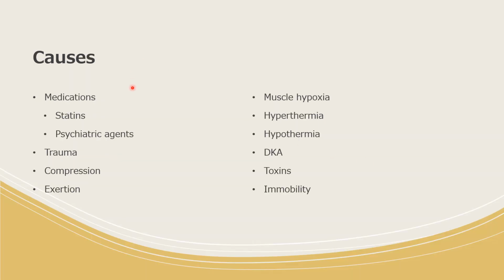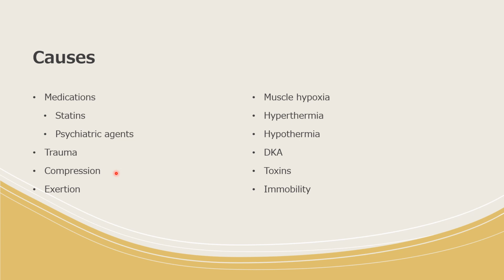Some causes are medications, like statins, so Lipitor or atorvastatin can cause rhabdomyolysis, as well as a lot of our psych meds. We can see it in trauma, from compression injuries, whether something falls on our patient or they have some sort of decrease in blood flow and develop compartment syndrome.